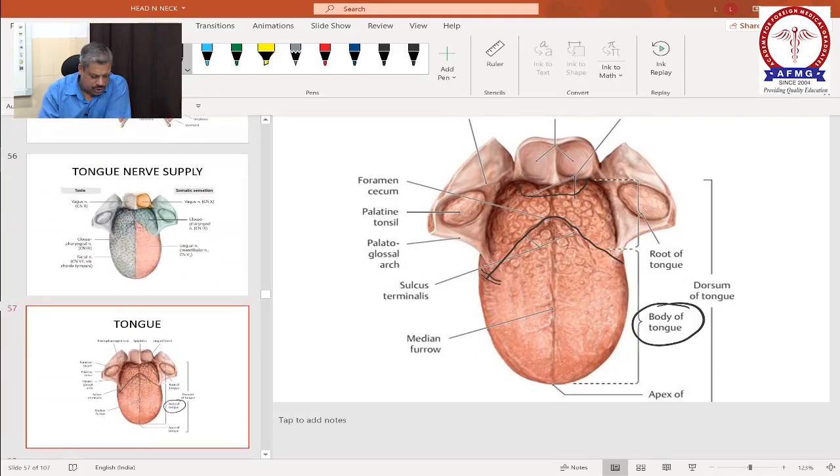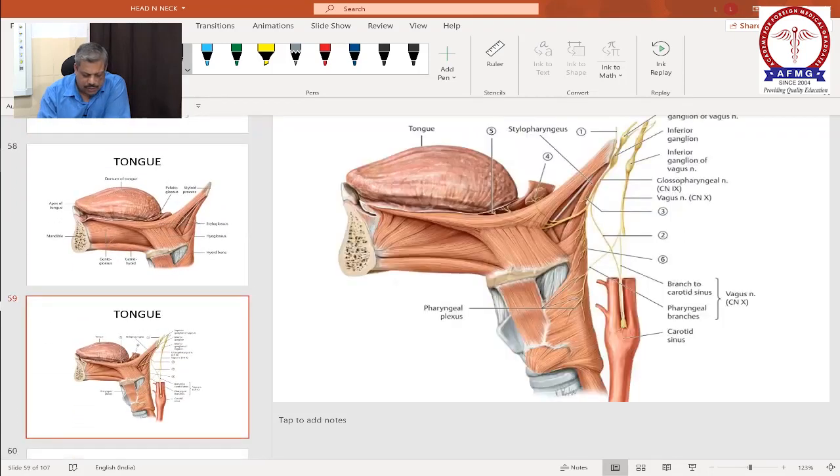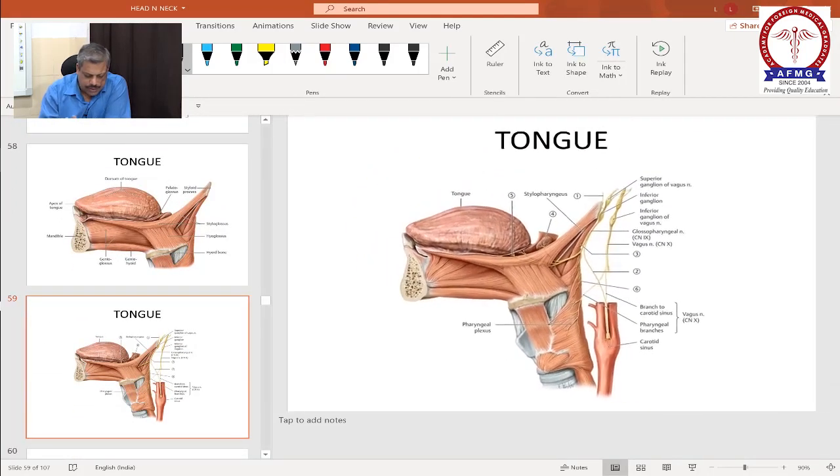Now see the muscles of the tongue. Identify the muscles. First look at this picture. This fan-shaped muscle is known as the genioglossus muscle. This is the geniohyoid. This muscle, from hyoid bone to tongue, is the hyoglossus.